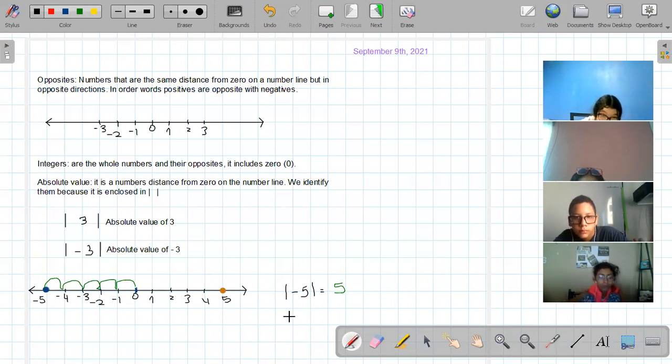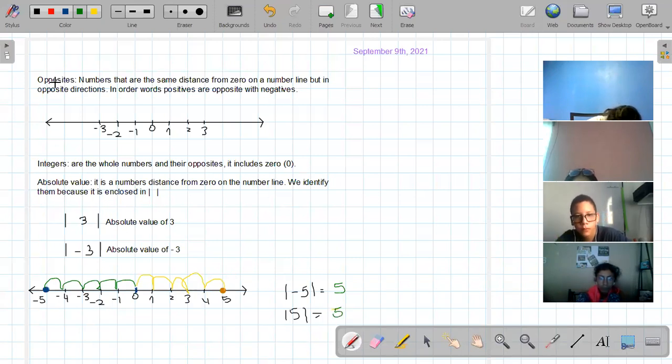Now let's make this the yellow one. Let's do the absolute value of +5. So we're going to count it again. We say 1, 2, 3, 4, and 5. So the absolute value of 5, I'm going to place it in green, is also 5.